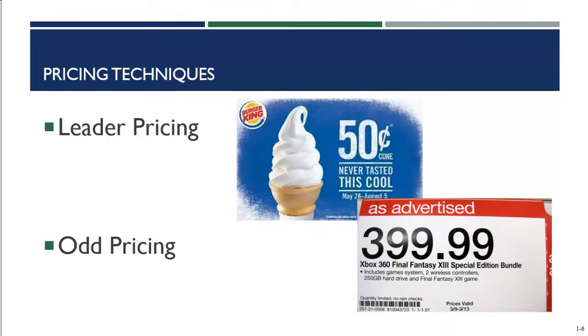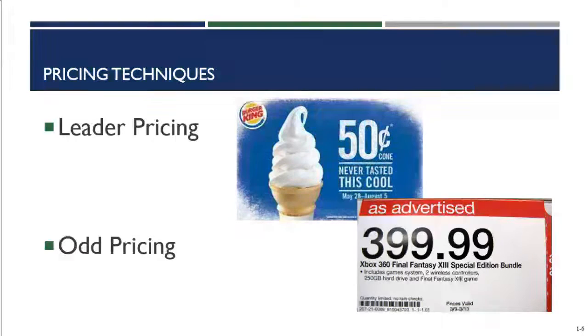So if you think back to our coffee mug, that was going to be priced at $14.39, right? That's an odd price, but maybe the retailer will price it down to $14.19, or maybe they'll roll it up to $14.99 because customers don't typically pay attention to the last few digits of the price.